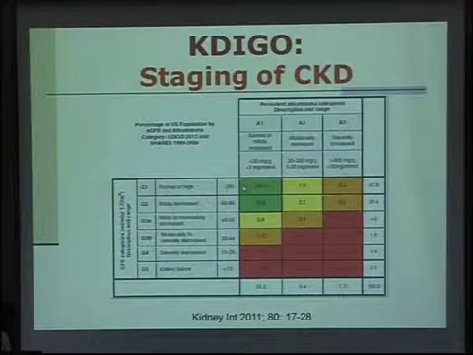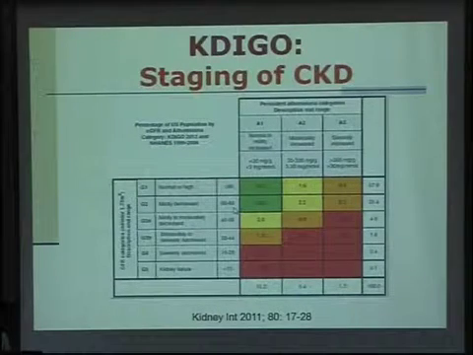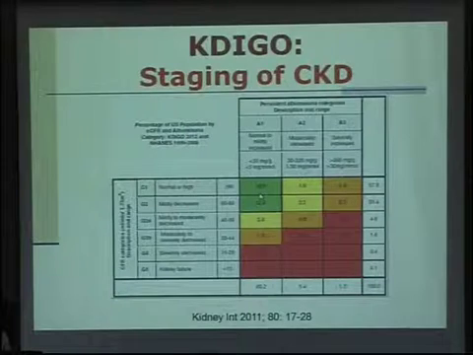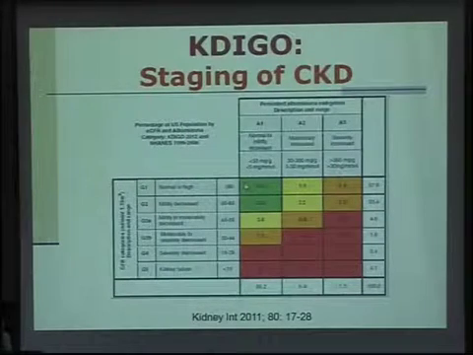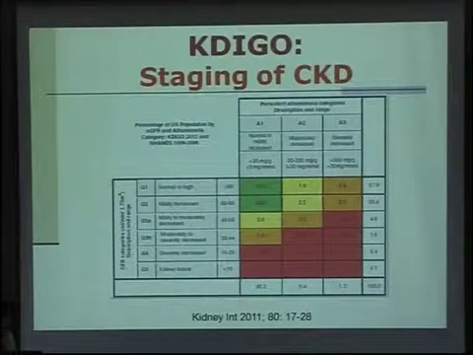So if we look at this green color, if estimated GFR is above 60 and no albuminuria, no hematuria, nothing, this green color refers to a normal person. So I shouldn't say this person has chronic kidney disease.